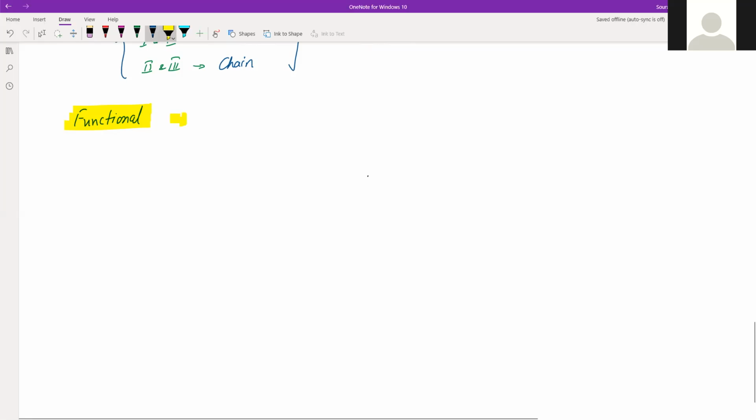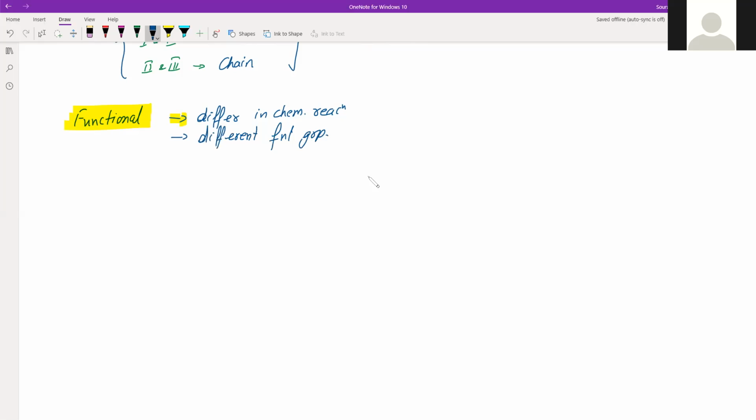Their main difference is that they differ in chemical reaction. And if they differ in chemical reaction, that means what? Their functional group is different. So if that is the case, such isomers will be called functional isomers.